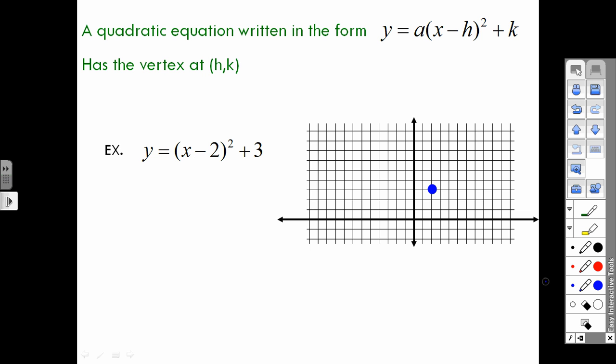So going from the vertex, and I'll go back to my big dot here, we're going to count over 1 unit and up 1, and then go back to the vertex and go over 2 units and up 1, 2, 3, 4. Remember that the axis of symmetry goes through the vertex, so it's going to be symmetric, so we get to this point and then that point right there.